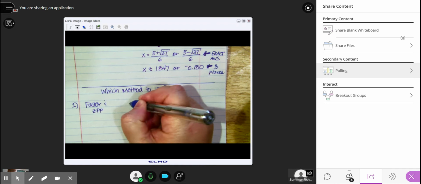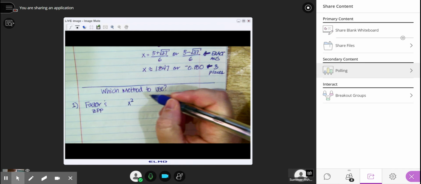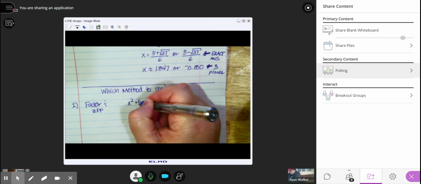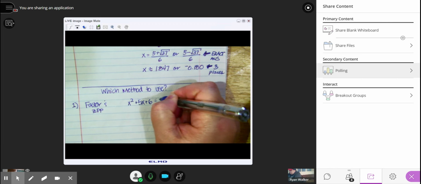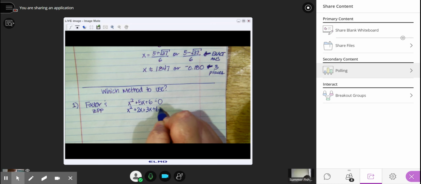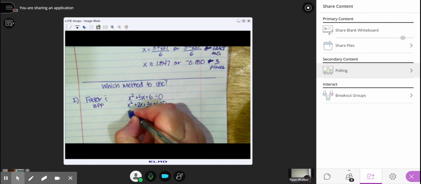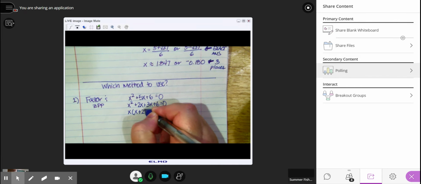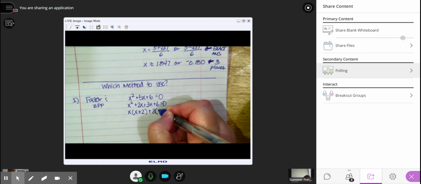An example of this one might be something like x squared plus 5x plus 6 is equal to 0. And we figure out which two numbers multiply to give us 6 and add to give us 5. And we do like an x squared plus 2x plus 3x plus 6 is equal to 0. Right? This is what your test was on.